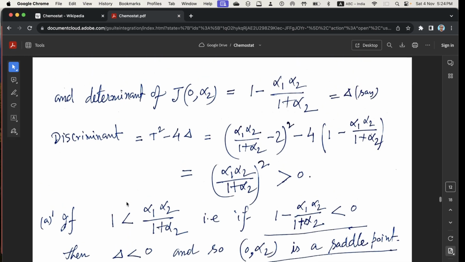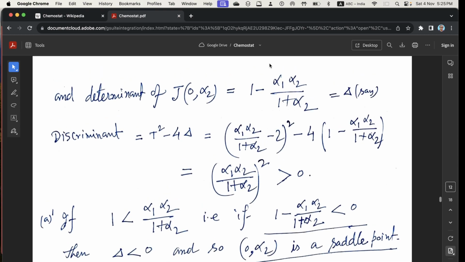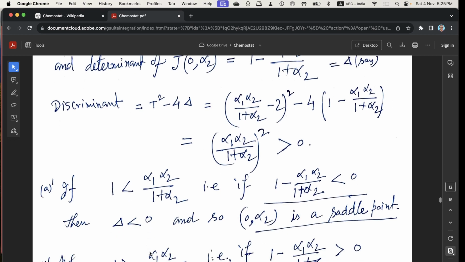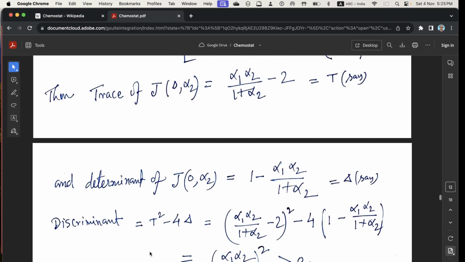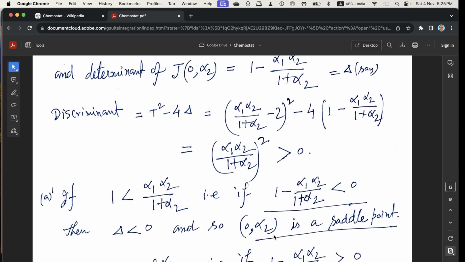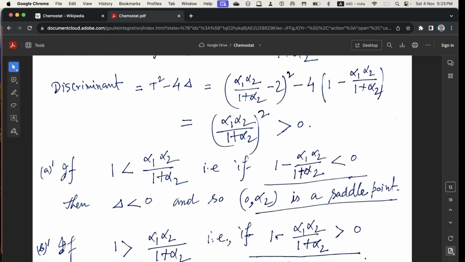If 1 is less than alpha 1 alpha 2 by 1 plus alpha 2, that is, if 1 minus alpha 1 alpha 2 by 1 plus alpha 2 is less than 0, that is, the determinant of this J is less than 0, then obviously 0 alpha 2 is a saddle point.